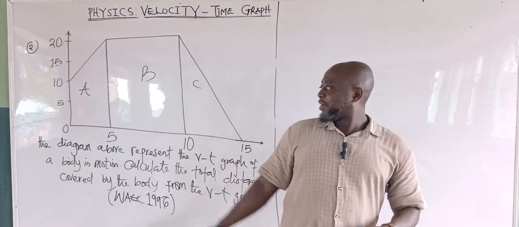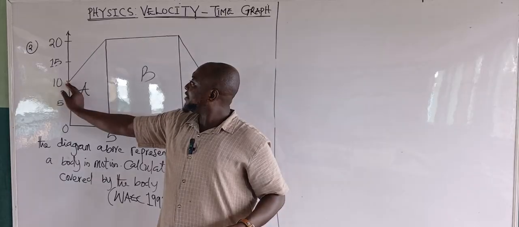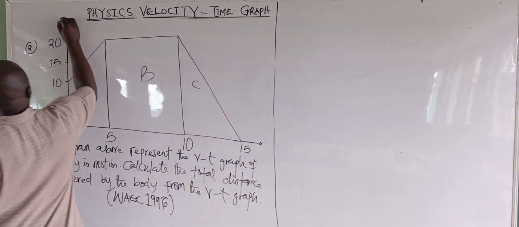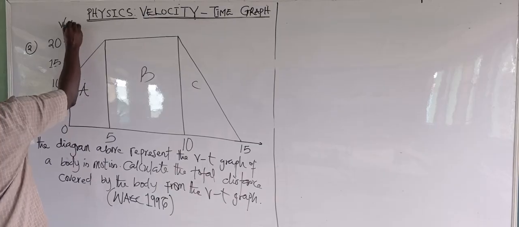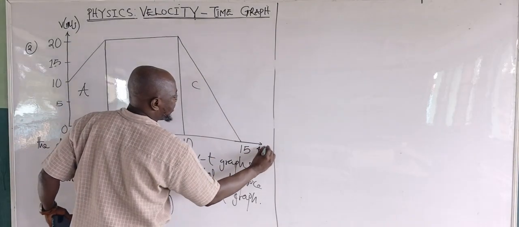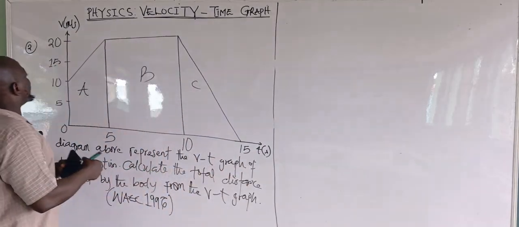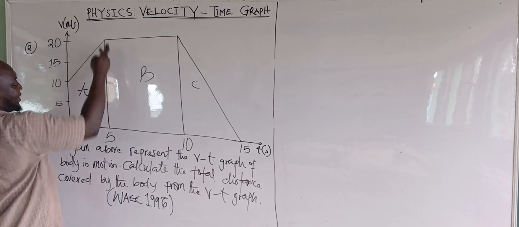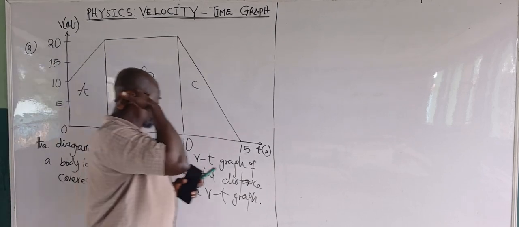Because when the body moves, it started from this velocity here. This is our velocity, measured in meter per second. What is our time? Measured in seconds. So it started moving from 10 meter per second and then moved like that up till this point.